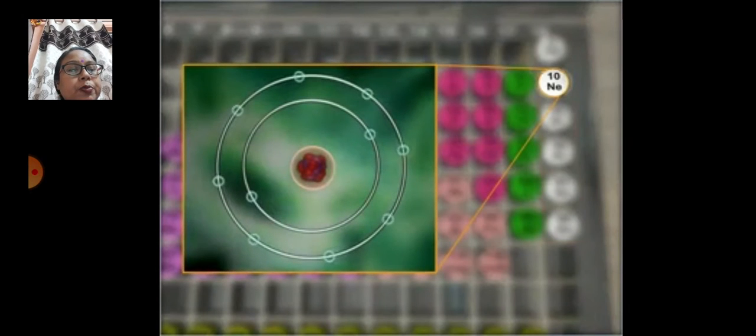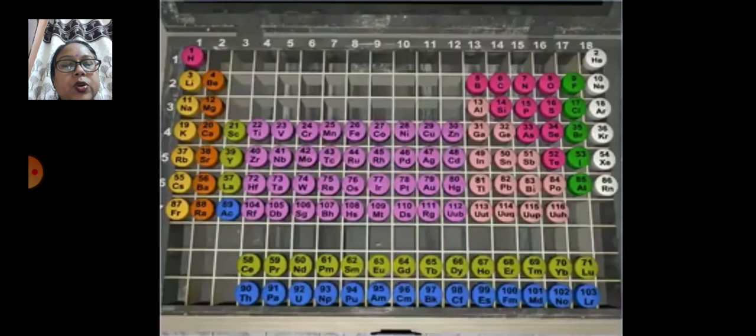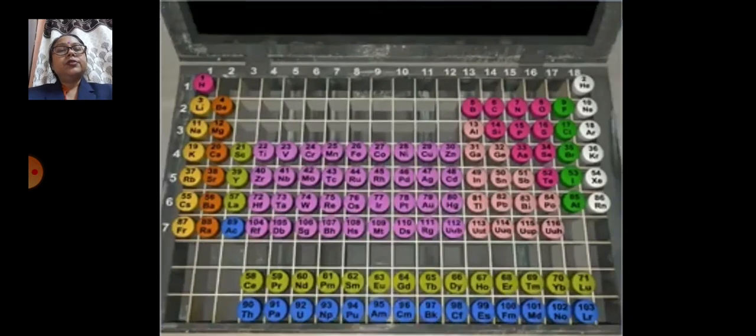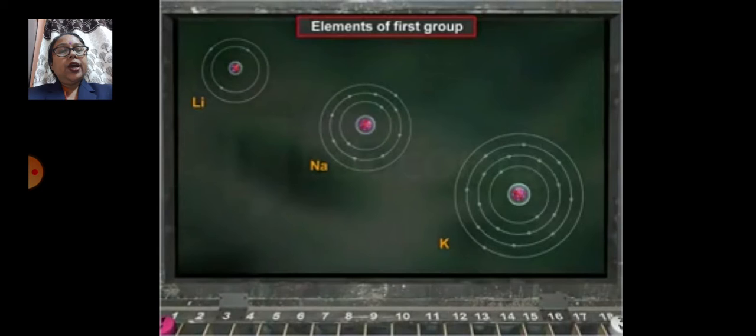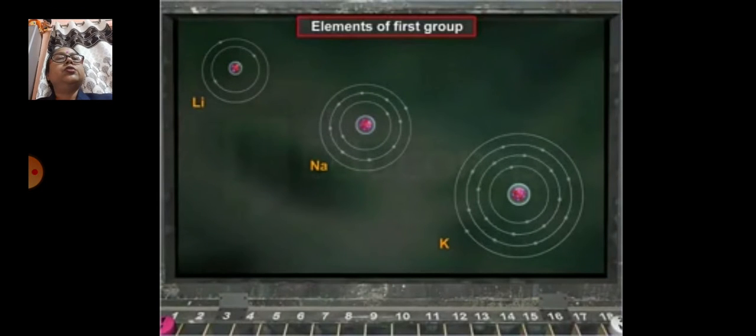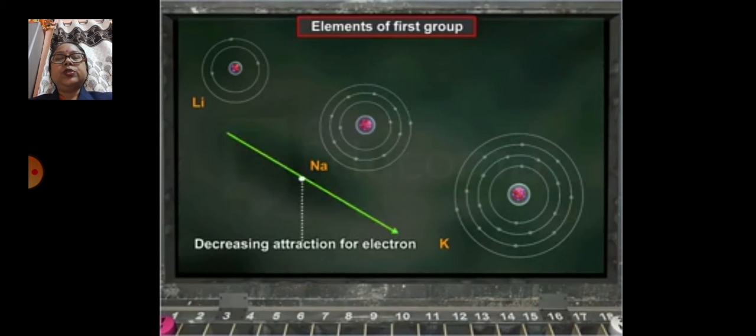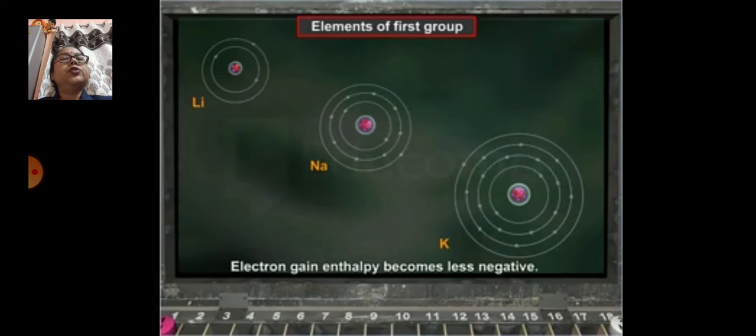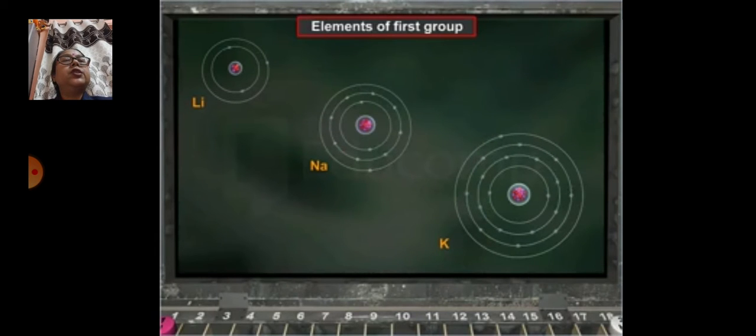However, at the end of the period, electron gain enthalpy becomes highly positive for the noble gases, and this is because noble gases have a stable configuration and therefore have the least attraction for new electrons. Moving down a group, the electron gain enthalpy becomes less negative.